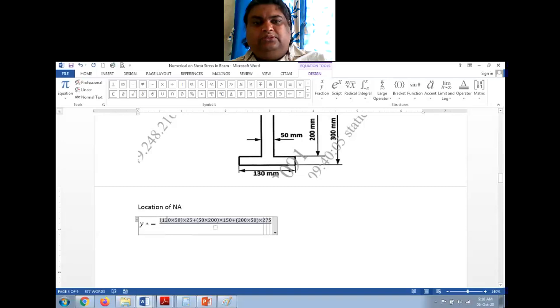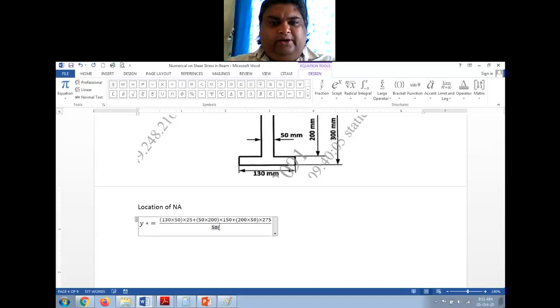So this is A1 Y1 plus A2 Y2 plus A3 Y3 divided by A1 plus A2 plus A3, right? So if you see, there is 50 common in all the rectangles, right? So I will write it like this: 50 into 130 plus 200 plus 200.